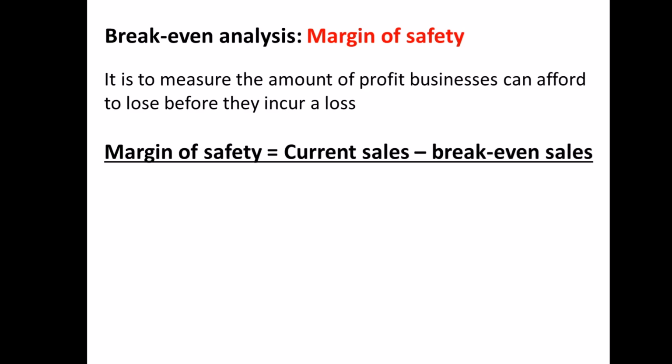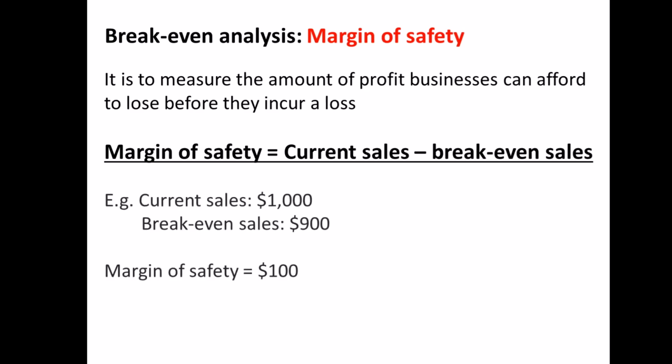A very simple example: let's say the current sales is $1,000, and the break-even sales, because of the break-even analysis, we know is $900. So the margin of safety will be $100. When we're selling at total sales of 1,000, we still have 100 buffer until we incur a loss. That's the meaning of margin of safety.